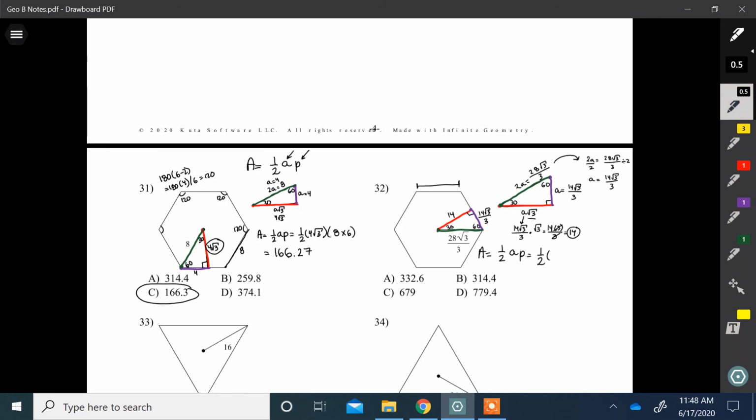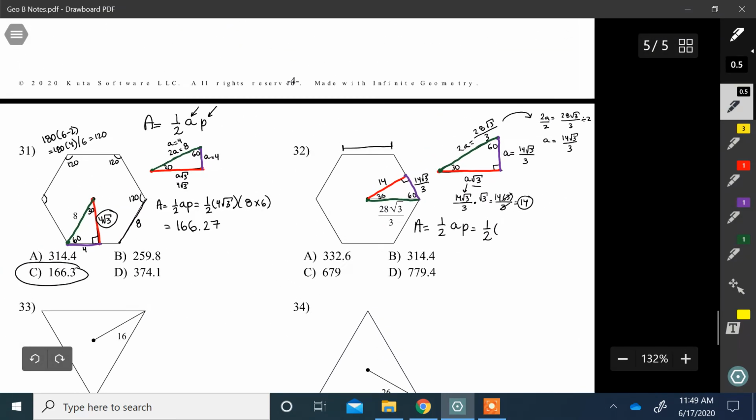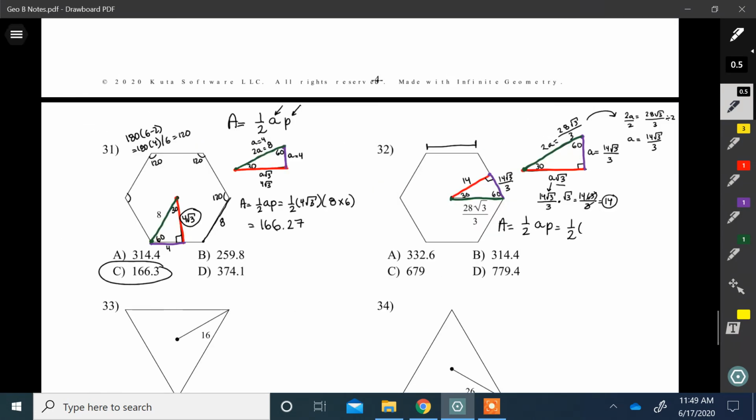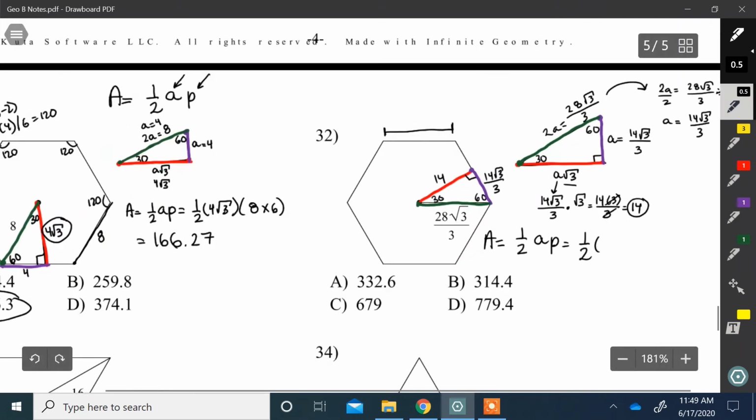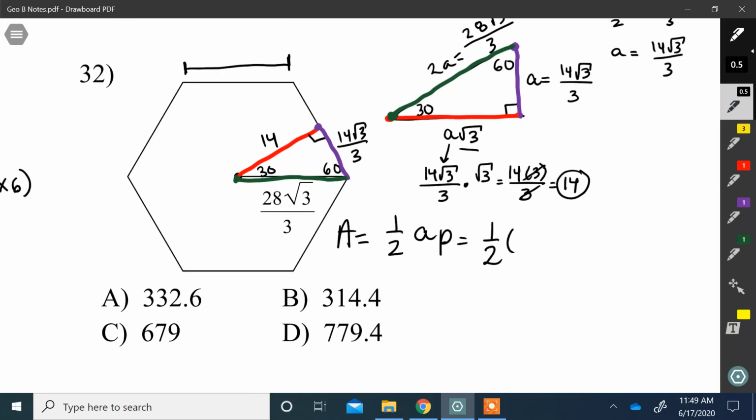I was just checking 31, just making sure I got it right. Okay. Sorry, let me go back to this one. So the apothem in this case is 14, as you can see there.